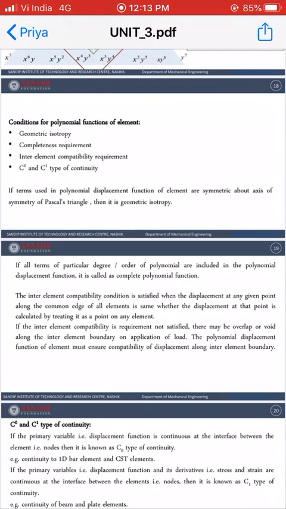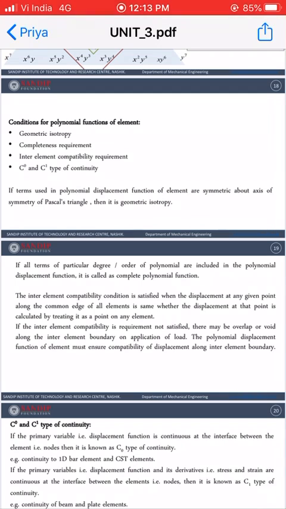Similarly, for the constant strain rate requirement, we need to have some term related to constant strain rate. The displacement model must include the constant strain rate of the element.